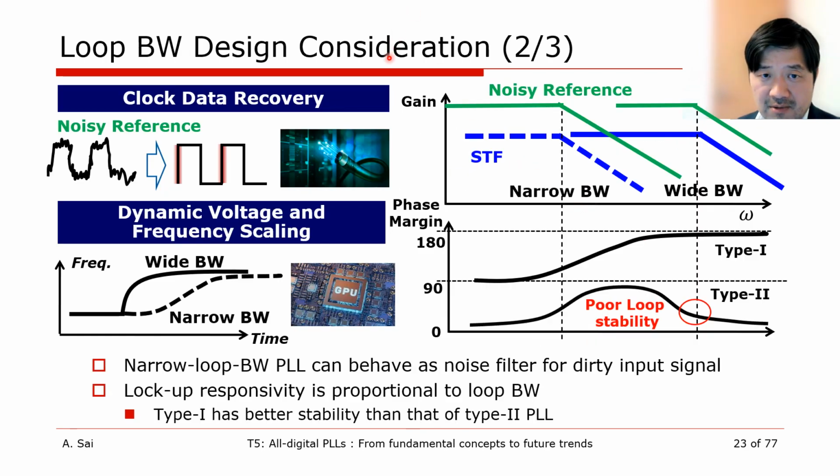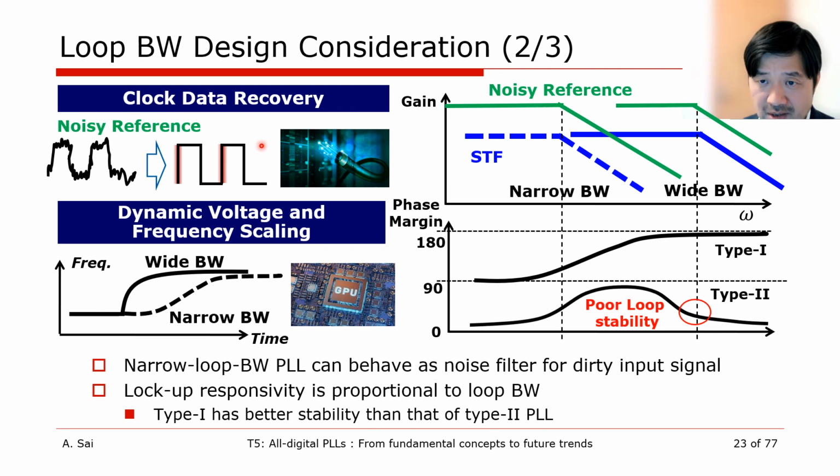Here, we will explain the PLL loop bandwidth design required not only for performance, but also for each application requirement. In applications such as clock and data recovery, the input data is used as a reference signal of the PLL.